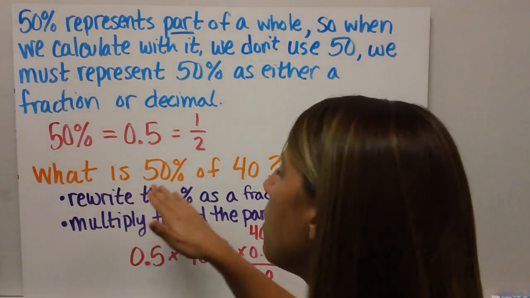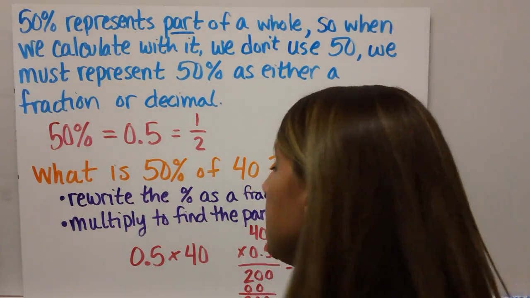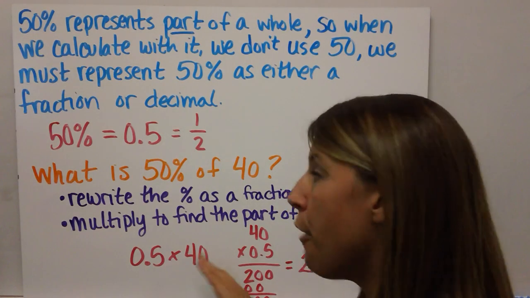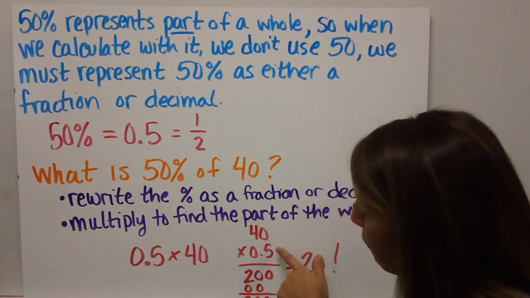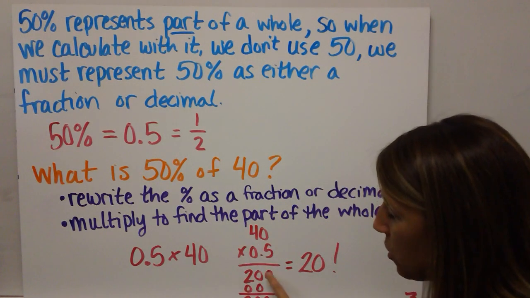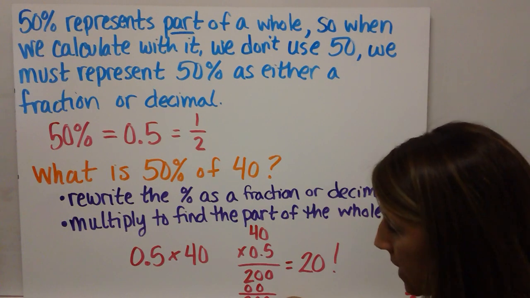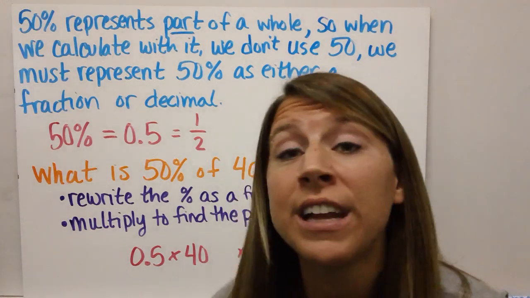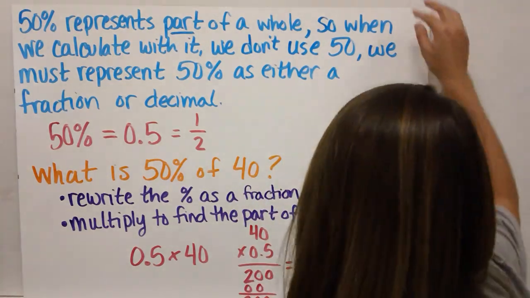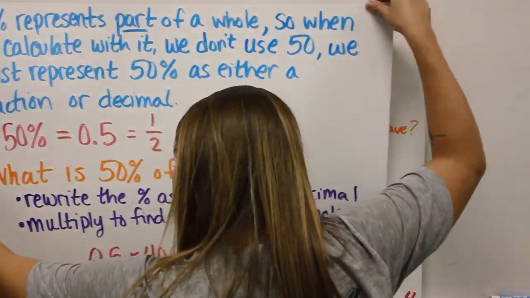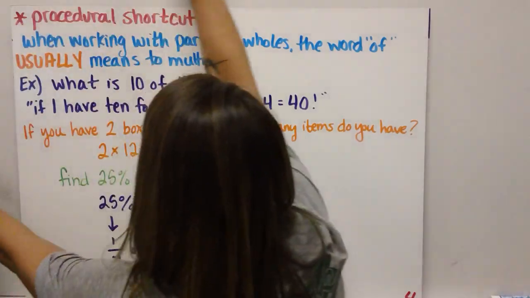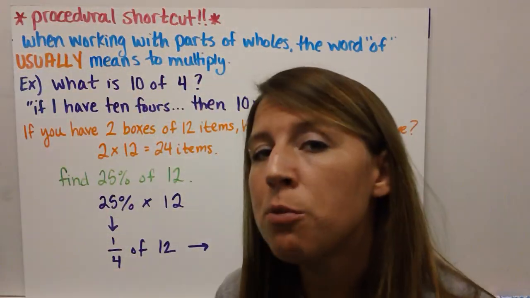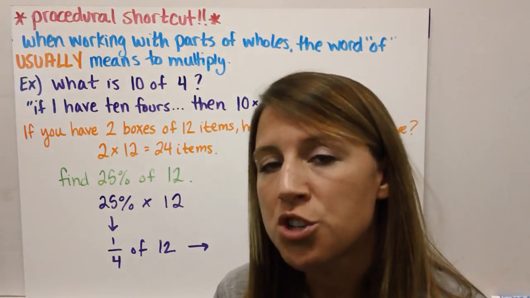So if I ask again, what is 50% of 40? Well, that's 5/10 of 40. Multiply 5/10 by 40. When I work through it and put my decimal place where it belongs, the answer comes out to be 20, which we already knew was correct. Here's where I'm going to point out a little bit of a procedural shortcut.